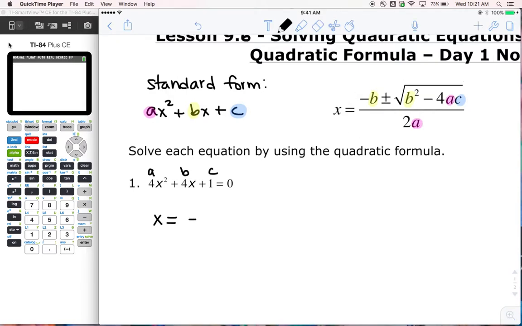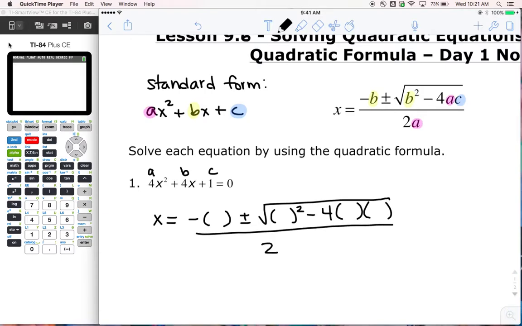So I'm going to say negative b, parentheses, plus or minus the square root of b squared minus 4 times a times c. So I know this looks super cool, but I'm just leaving spaces for me to fill in those numbers. All over 2 times a.